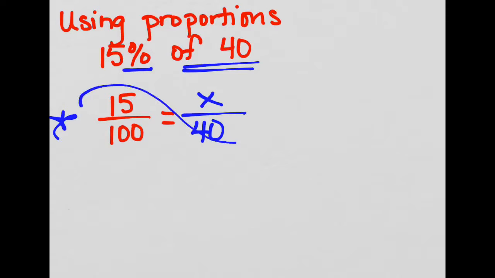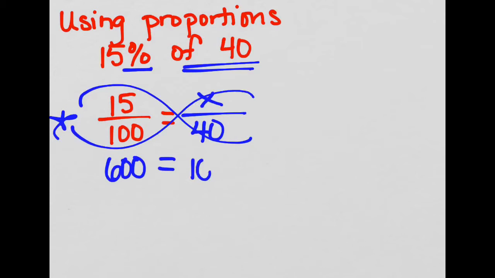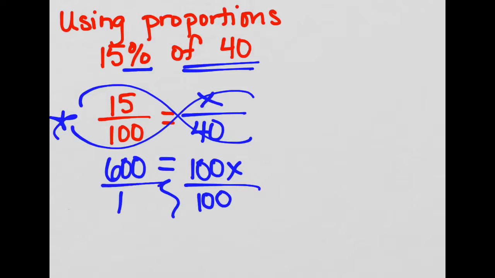And again, I would cross multiply. So 15 times 40 is going to give me 600. So 600 is going to equal 100 times x, and then I would divide by 100, and that 15% of 40 is going to be $6.